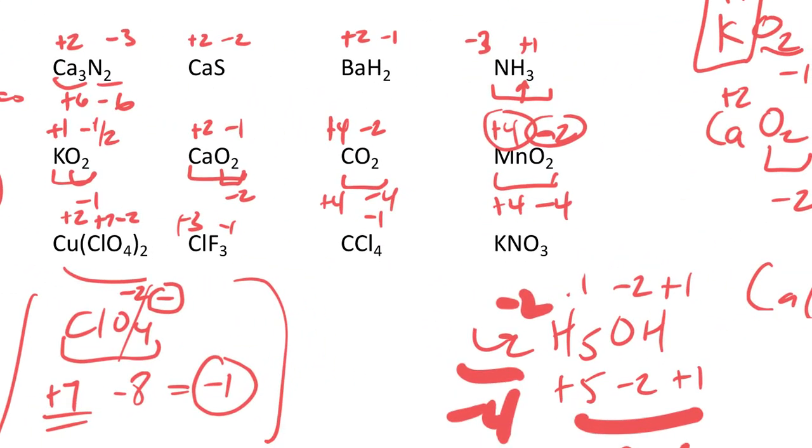Okay, so CCl4, -1, so -4 for the 4 chlorines, so +4 for the carbon. KNO3, what would you start with? Obviously the K, right, for +1. The oxygen -2. And so what would nitrogen be?